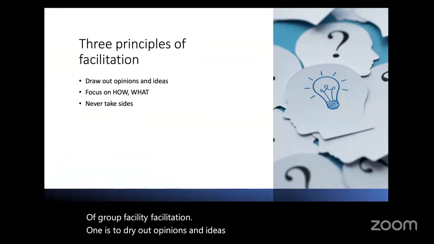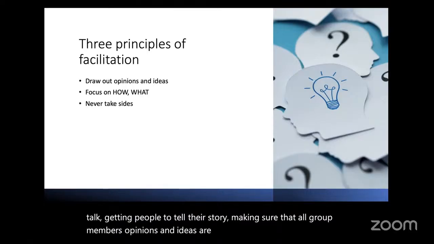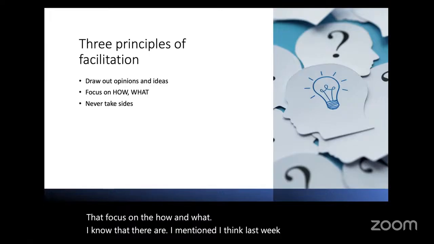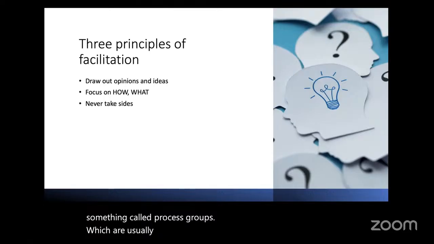So this is getting people to talk, getting people to tell their story, making sure that all group members' opinions and ideas are heard, that focus on the how and what. I mentioned, I think last week, there's something called process groups, which are usually done after someone has gone through the how and what groups.